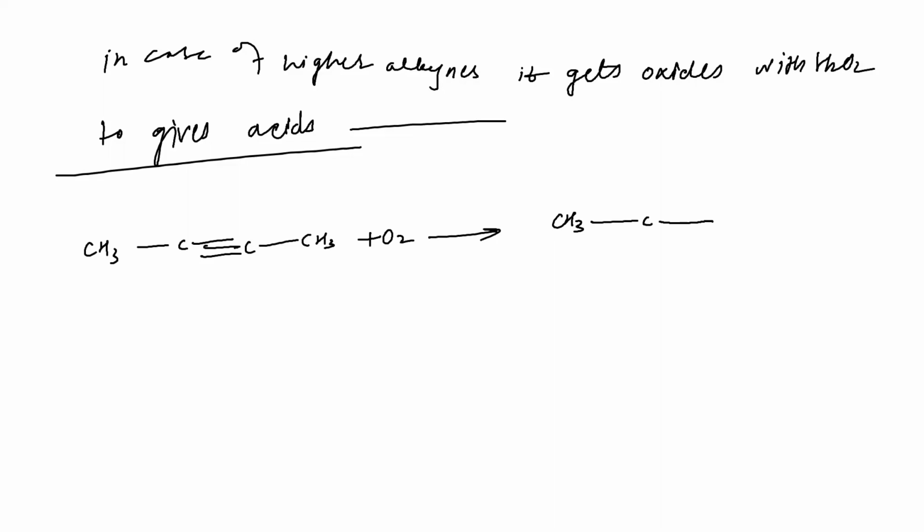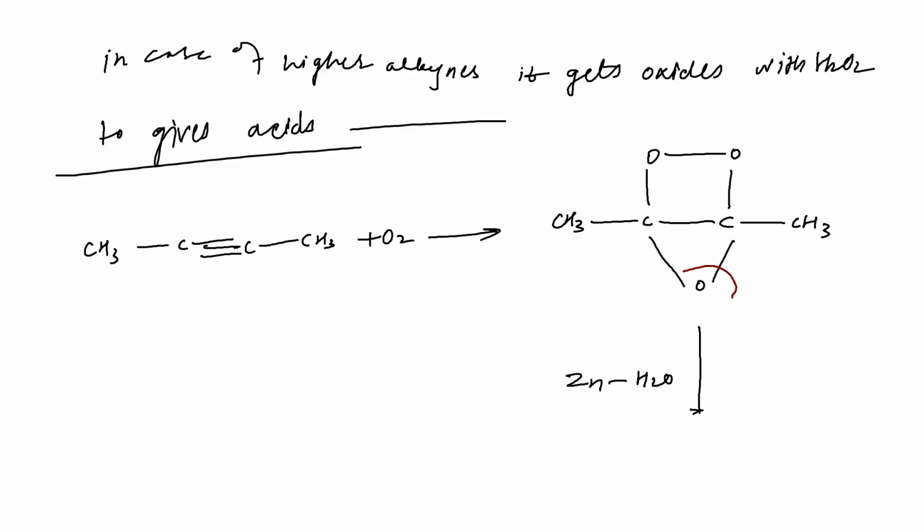One bond will remain as it is, student. That is not going to break. Here is the oxygen, this is the oxygen, here is the oxygen. Here we are adding Zn and H2O. So here H2O2 is going to be formed, plus Zn, and now this bond is going to split here.